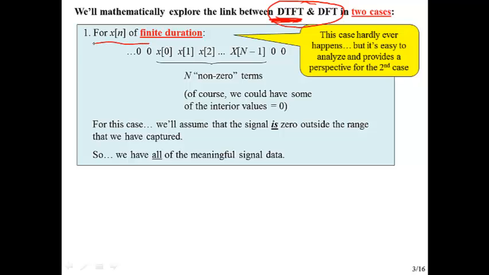So zeros all down here and zeros all down here. Now we only start with this case because it's an easy place to start, and it provides some basis for doing the other case, which, not surprisingly, is infinite duration.